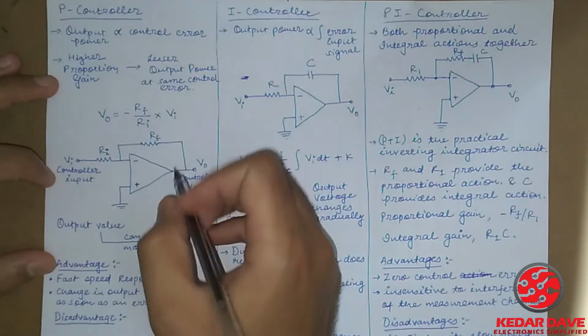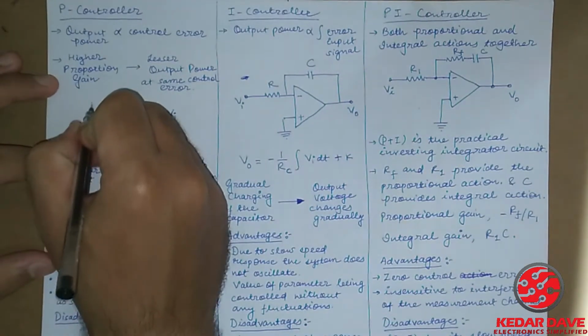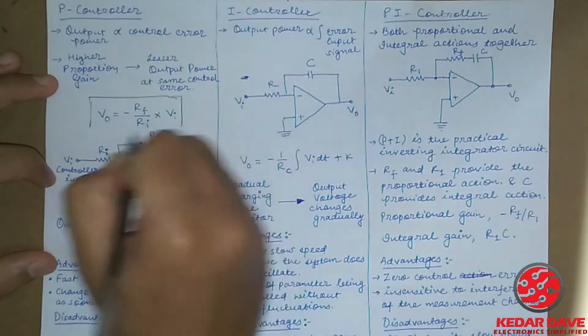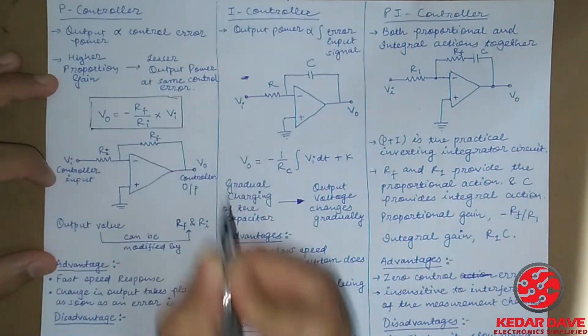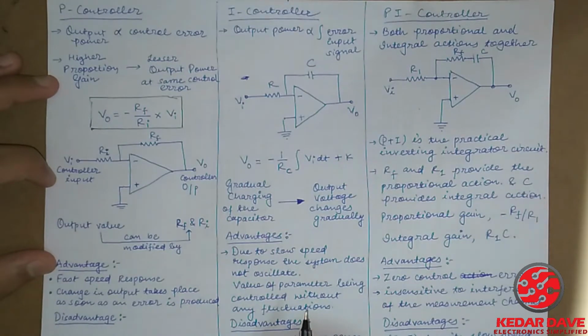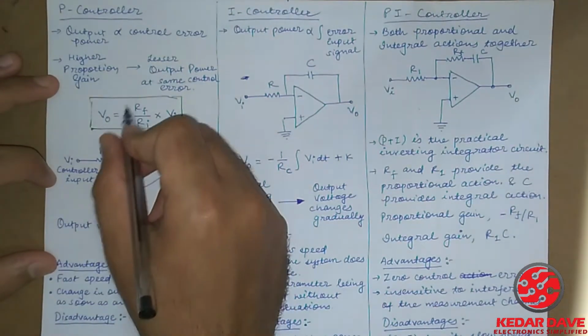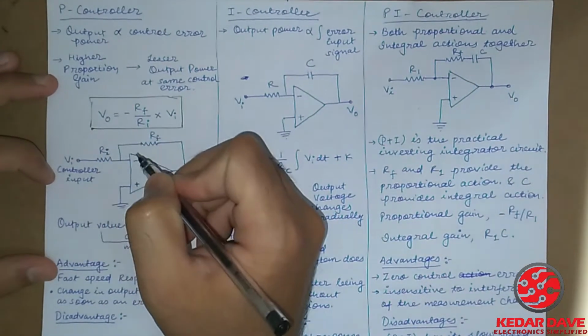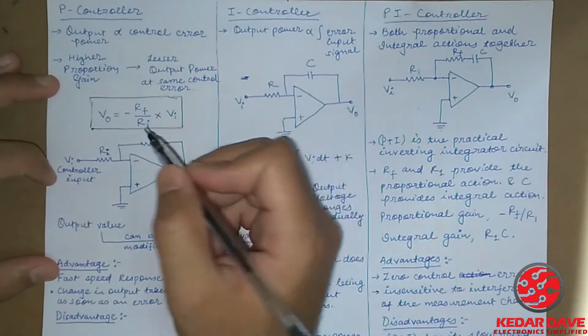The output is often described this way: VO is equal to minus RF by RI multiplied by VI. Here you can see this is our gain and this one is the input. This way it can be described.